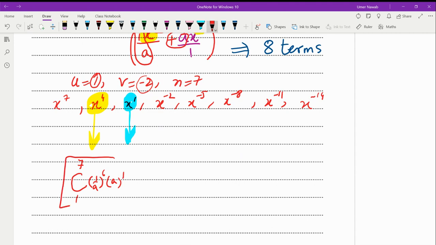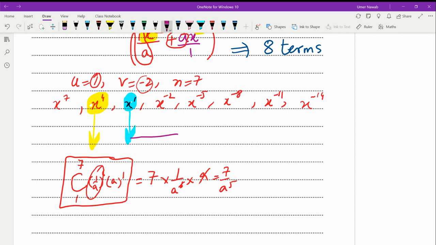So this whole thing I have to simplify. 7c1 from the calculator gives me 7. This will give me 1 over a^6, and this is simplified to a. Can I cancel it with a^6? So I will get 7 over a^5. This is the simplification of the coefficient of x^4.